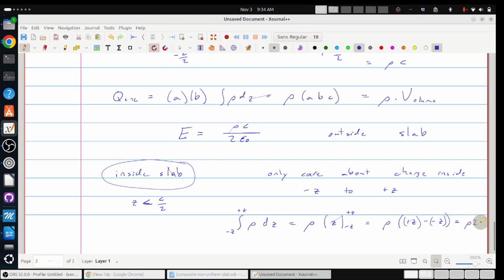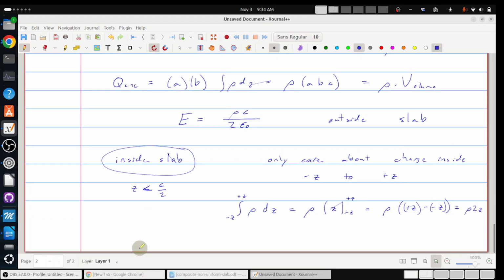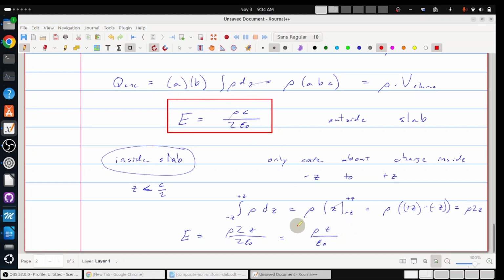Which is rho two z. And my electric field is then rho 2z over 2 epsilon naught, which is rho z over epsilon naught. So this is the outside and this is the inside.